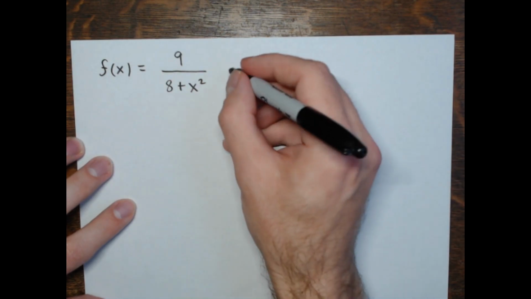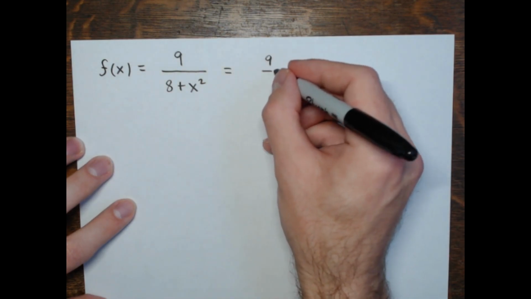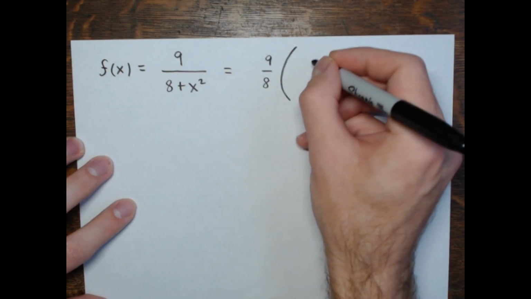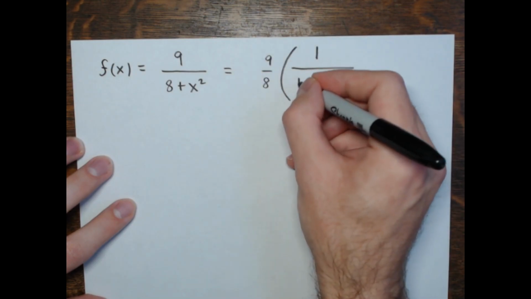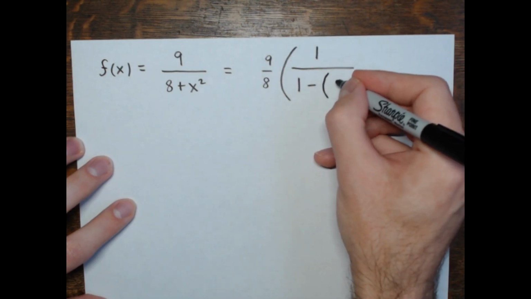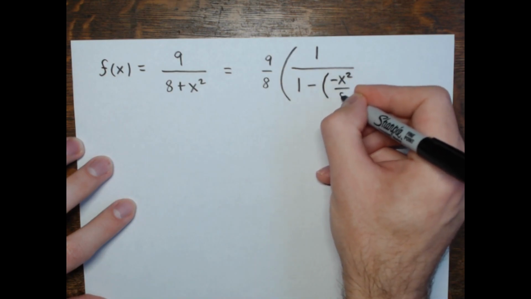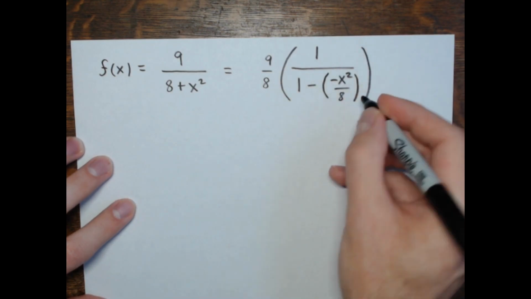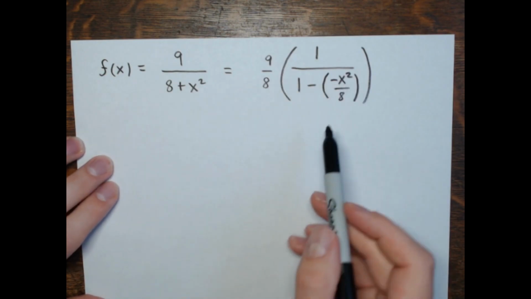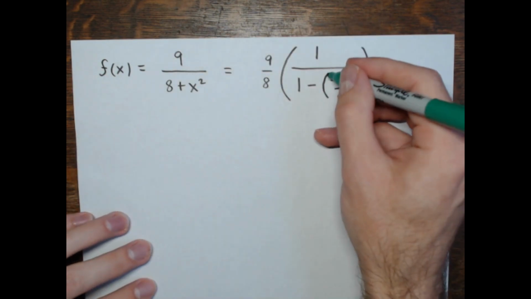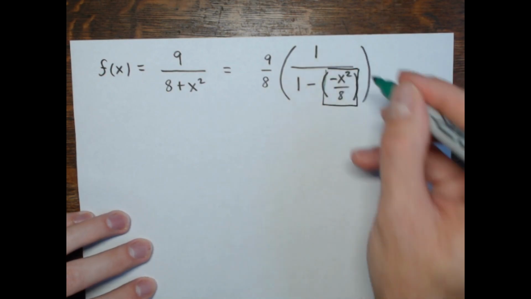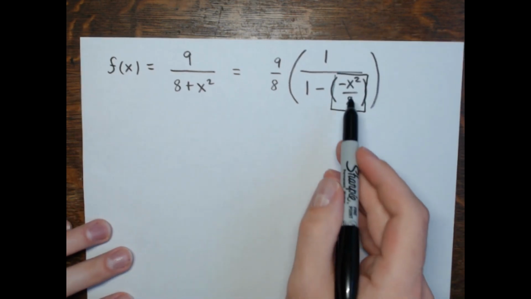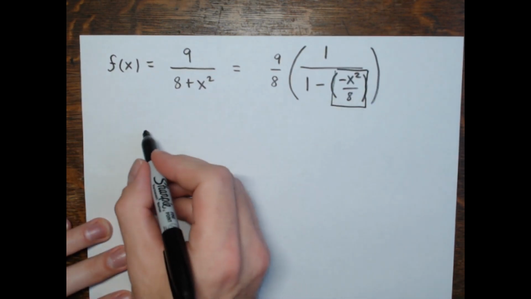9 over 8 plus x squared, which I can think of as 9/8 times 1 over 1 minus something, and that thing would be negative x squared over 8. These are equal. So the thing in the box here, the 1 over 1 minus box, is negative x squared over 8. As long as that's between negative 1 and 1, we're good.